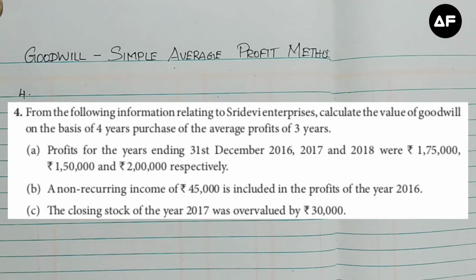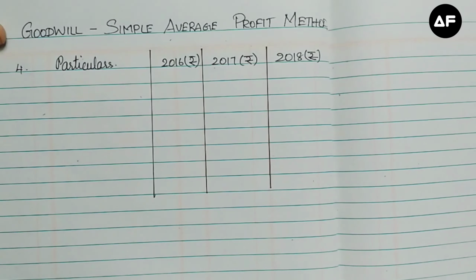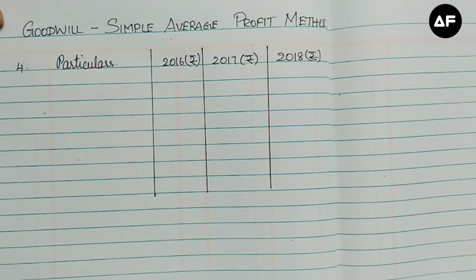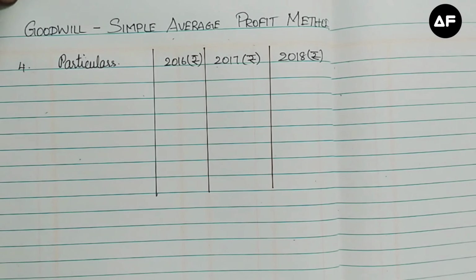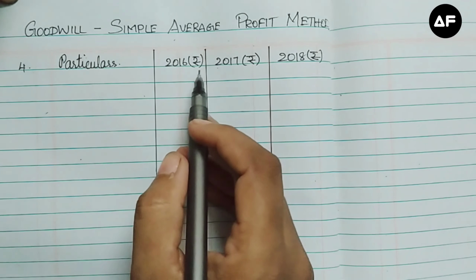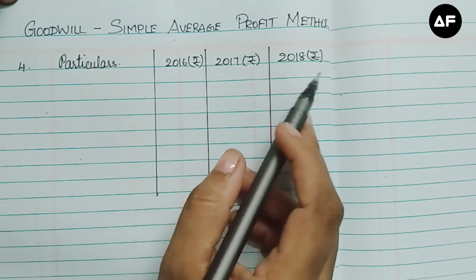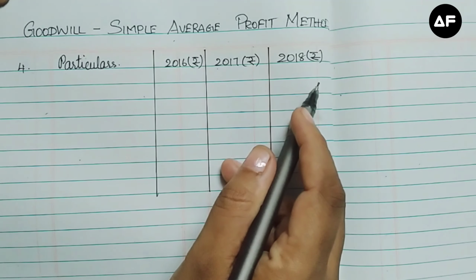We are going to open out columns for the particular years and show the calculation. So these are the columns which you are going to open out to calculate the total profit after the adjustments for those particulars. First I have written out the particulars. 2016, 2017 and 2018 are the 3 years which are given to us.